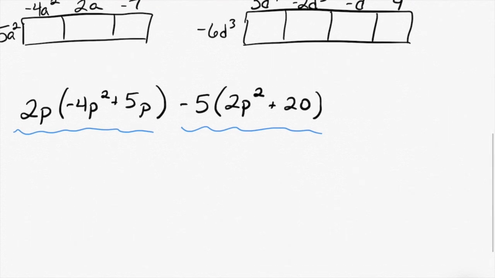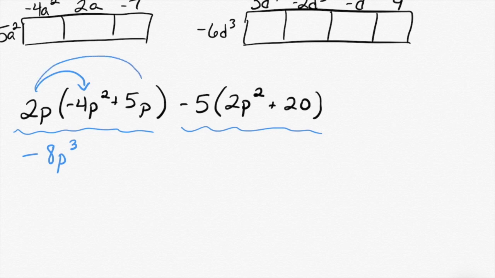So negative 2p times negative 4p squared is positive 8, plus 10p squared, because p times p is p squared. Okay, so first distributive property done.